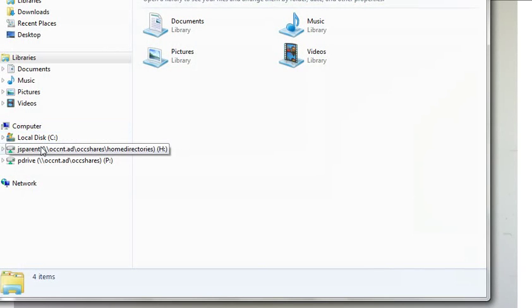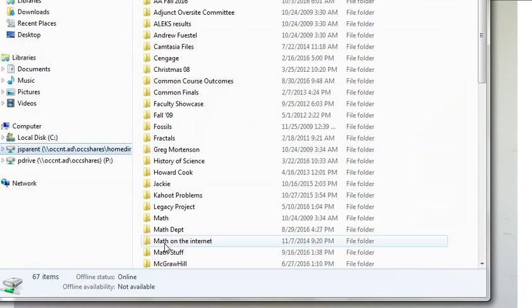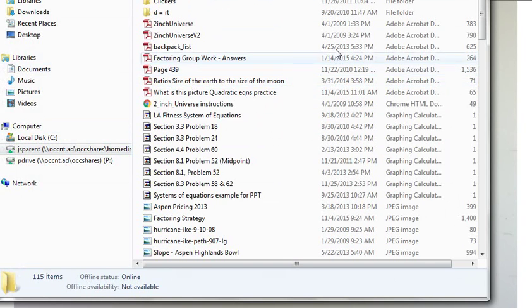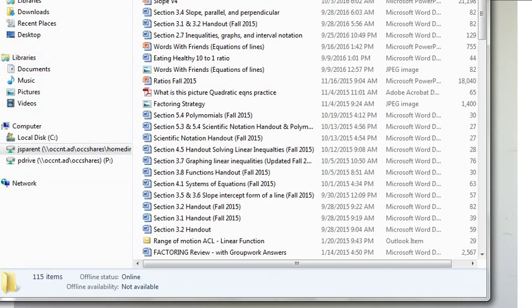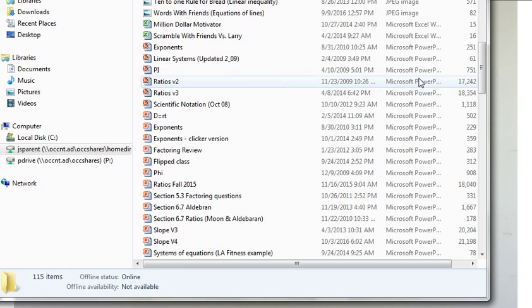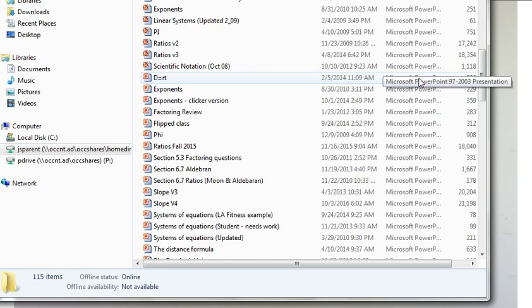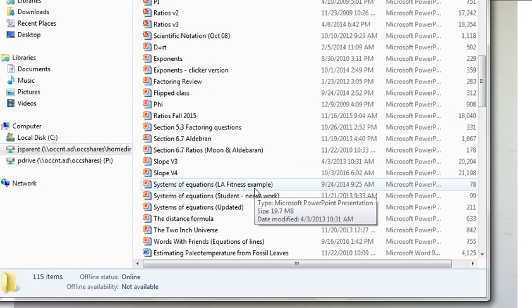Let me see if I can't find something here for us real quick. No, not seeing it.